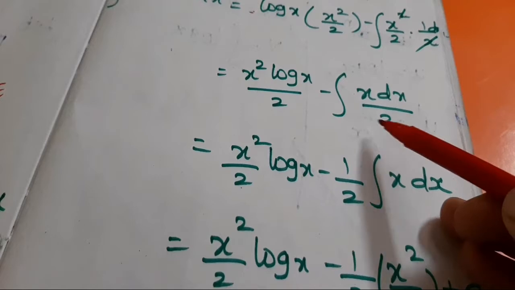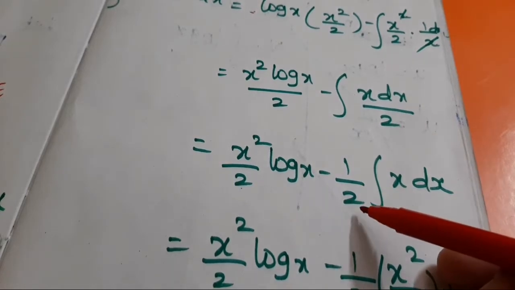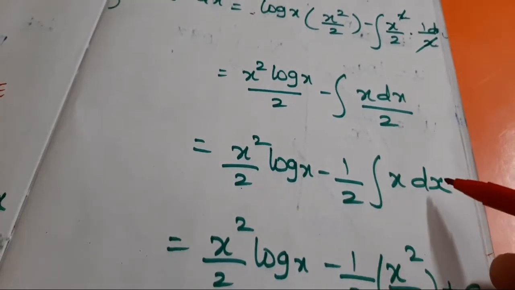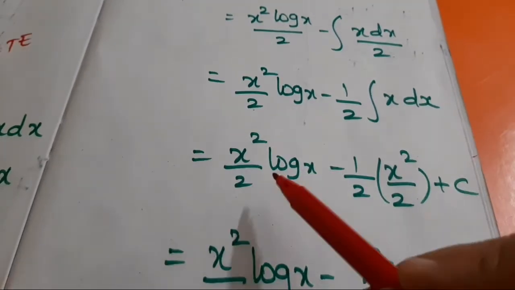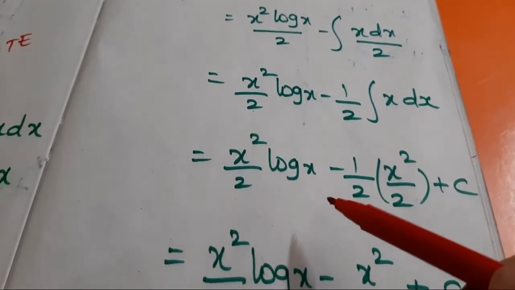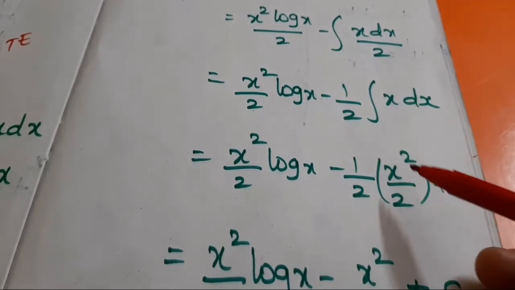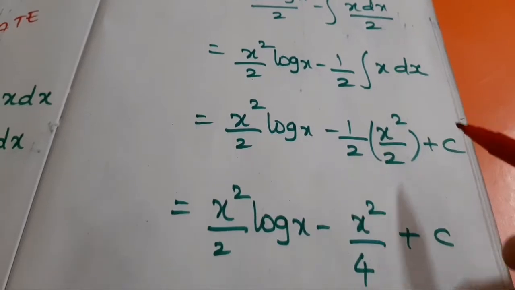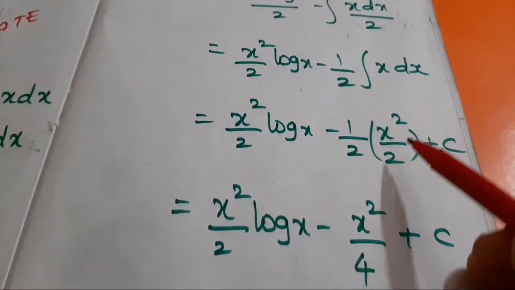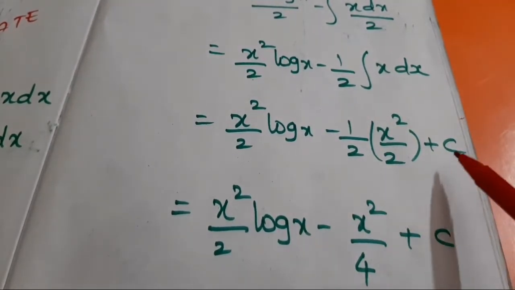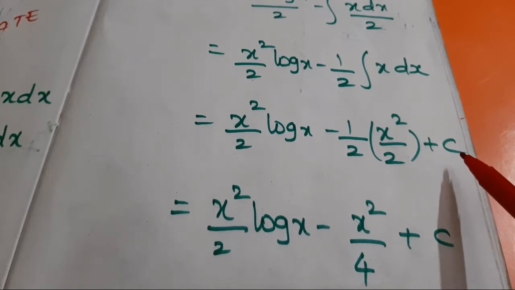Again this 2 can be taken outside because it is a constant. Integral of x dx. Here x square by 2 log x minus 1 by 2, integral of x dx is equal to x square by 2 plus c. So, the integration is over. In this step, the integration is over. So, I am adding plus c here.